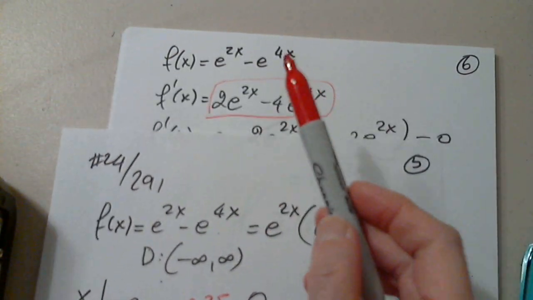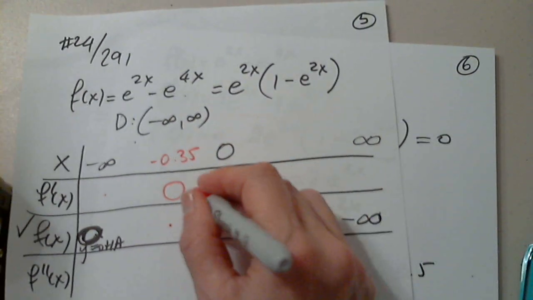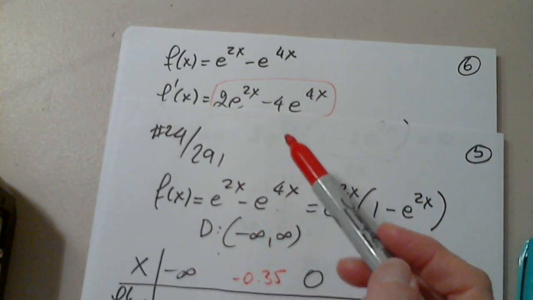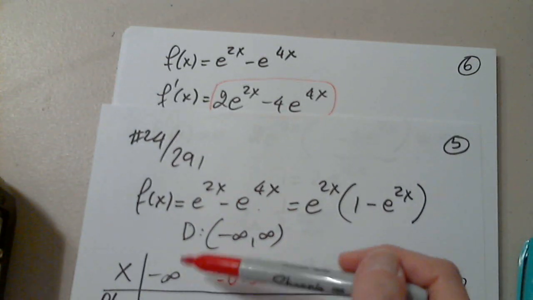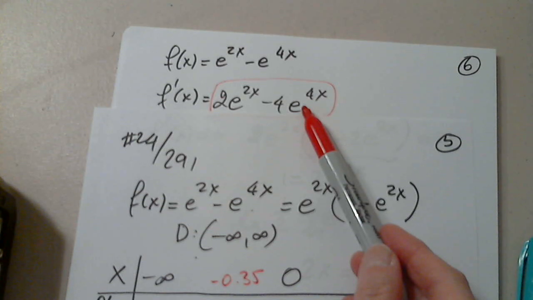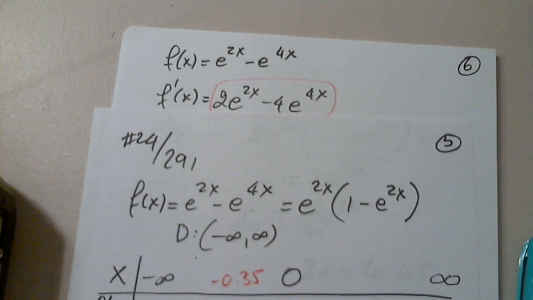I will plug in 0 in it. So this is 2, and 2 minus 4 is negative. And on the other side, at negative 10, it should be positive, but I want to convince myself. We can plug it in the calculator.